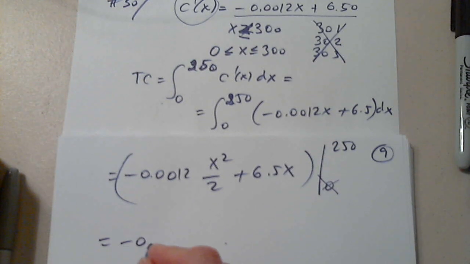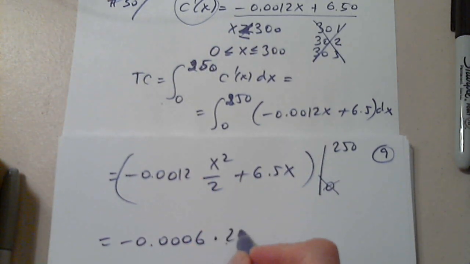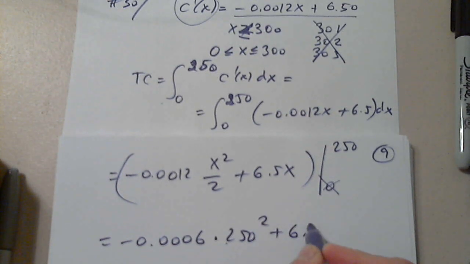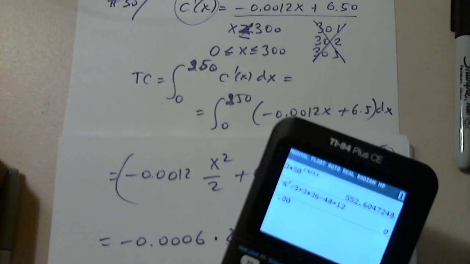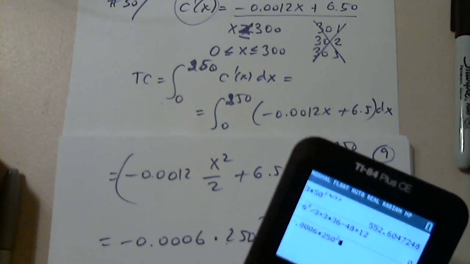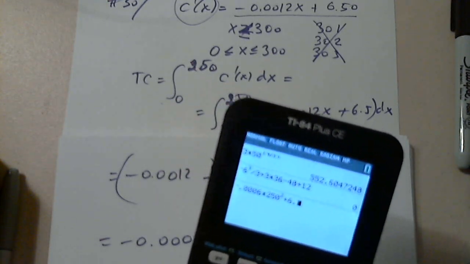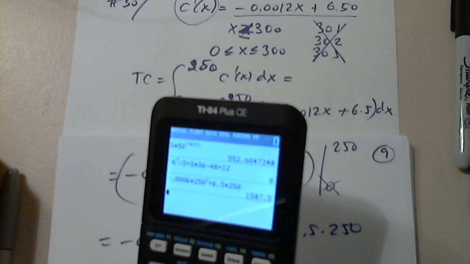So you have negative 0.006 because I divided by 2, times 250 squared plus 6.5 times 250. Once I get that answer, that's what the total cost is. I got 1587.50.